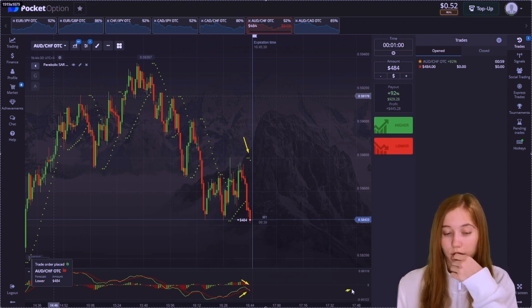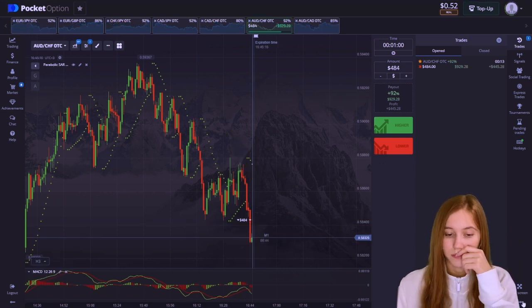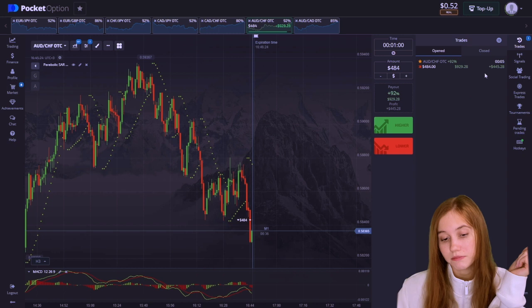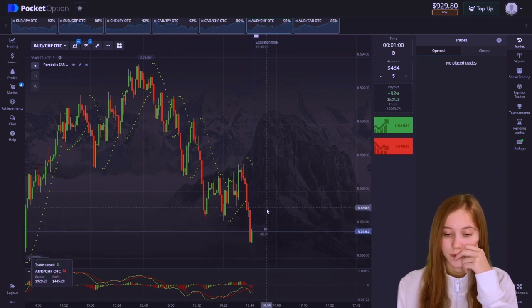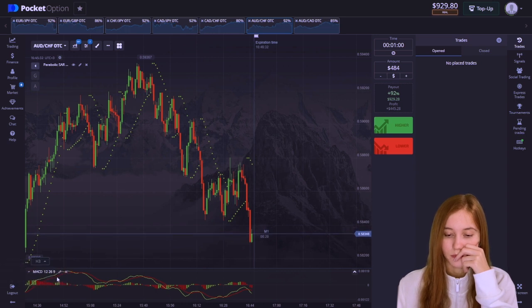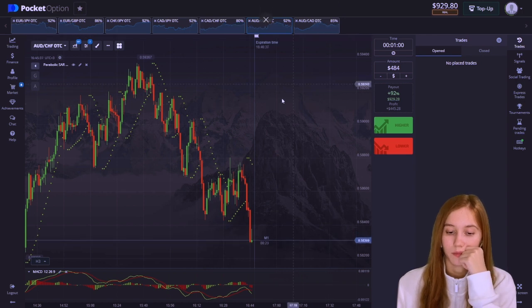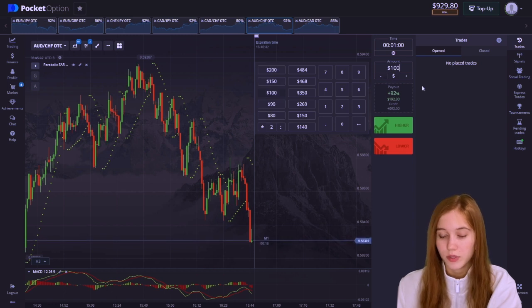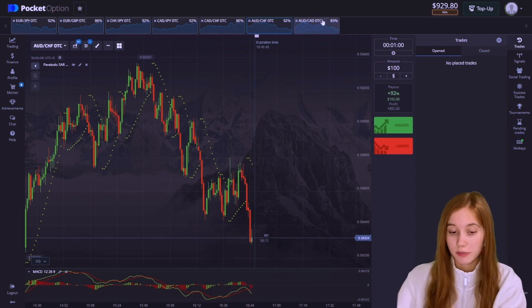We have a red bar formed. Five seconds left until the end of our deal. Let's wait. Yeah, great. This deal is a plus. And let's move on to our last concept. Let's reduce the amount to $100, since who wants to take that risk anymore.